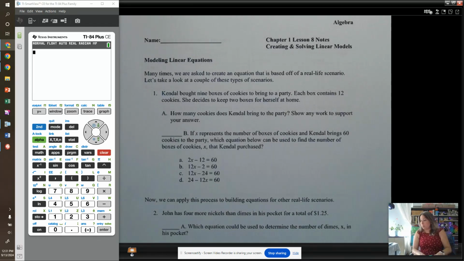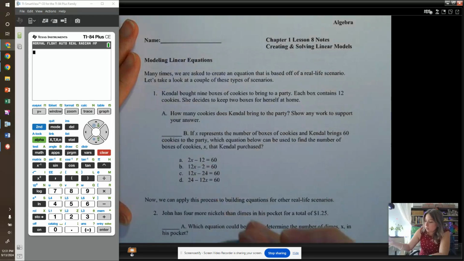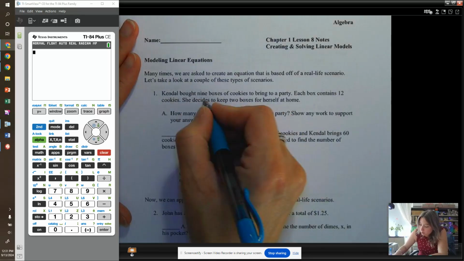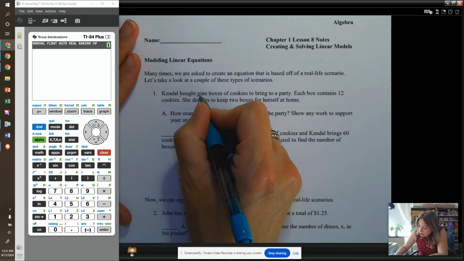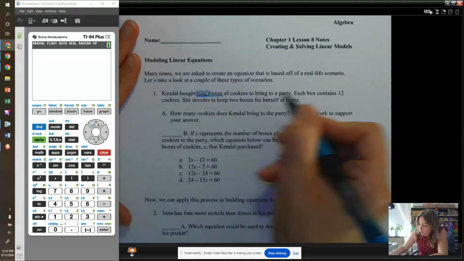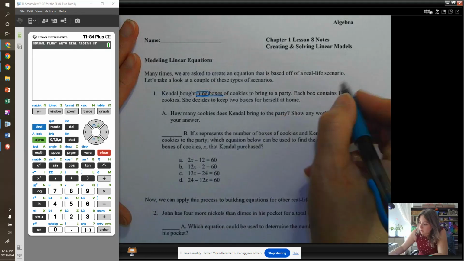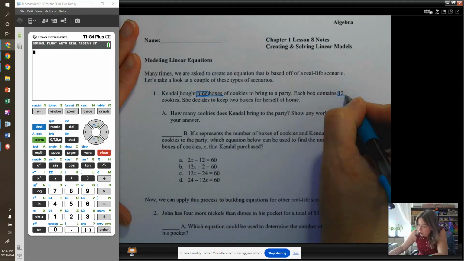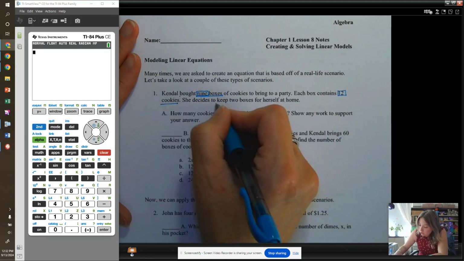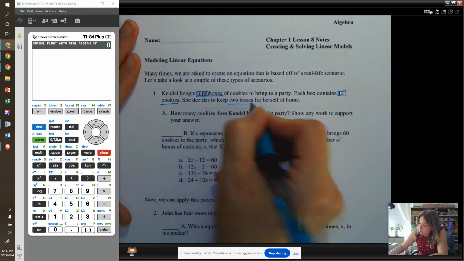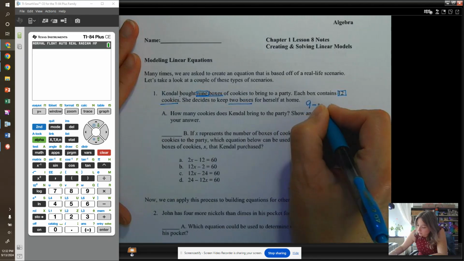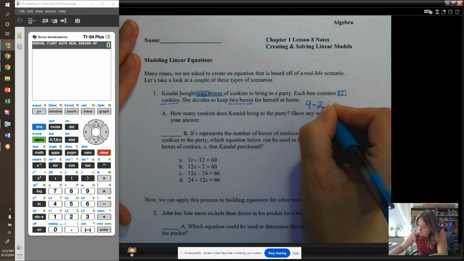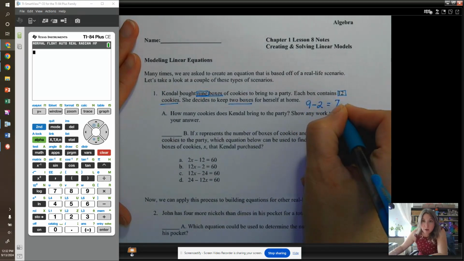Now, let's just start with boxes. Kendall bought 9 boxes of cookies to bring. Each box contains 12 cookies. She decides to keep 2 boxes at home. So what's 9 minus 2 that she's keeping at home? 7 boxes.